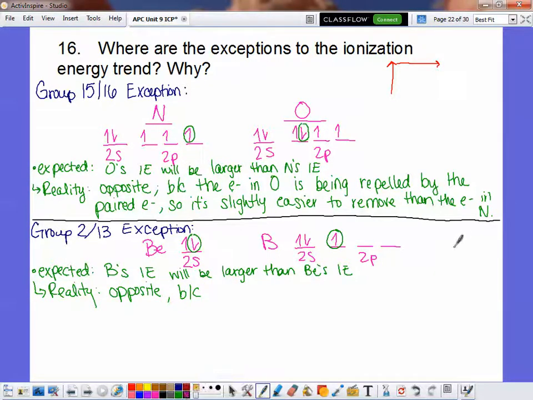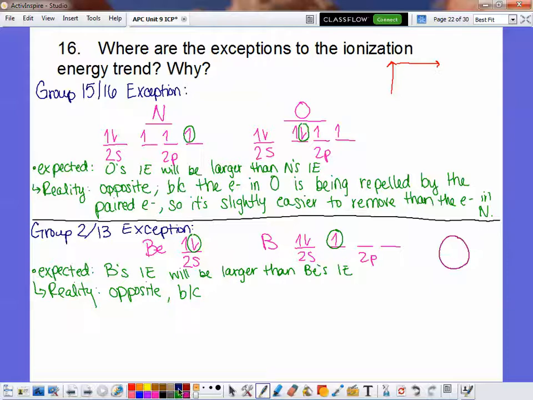So we have the nucleus, and then there's the 1s orbital, and surrounding that is going to be the 2s orbital. Superimposed on that, because these are all existing, kind of going around the nucleus, are our p orbitals.